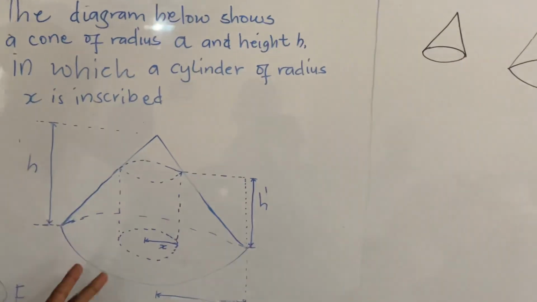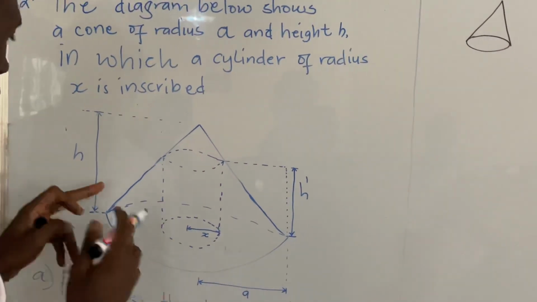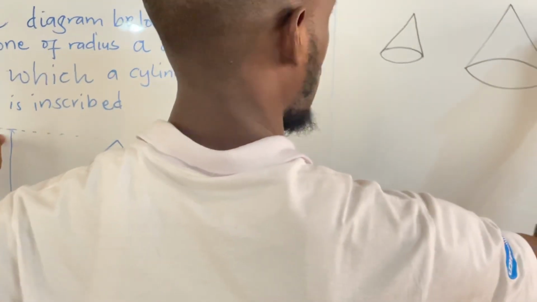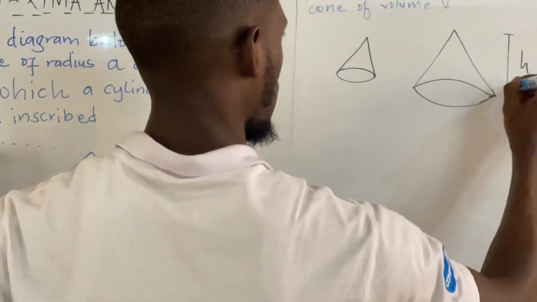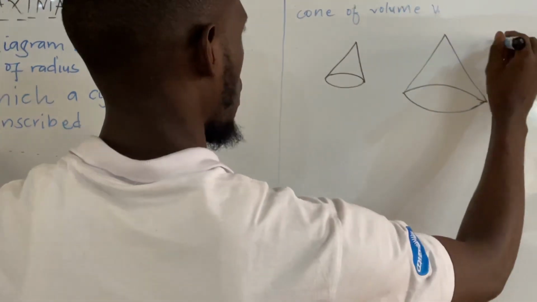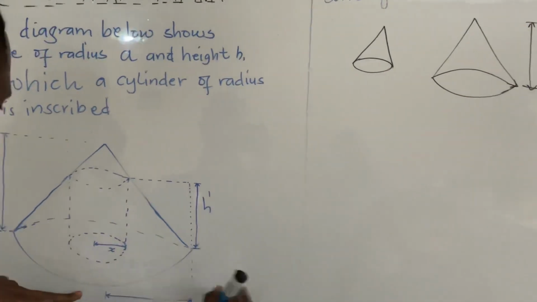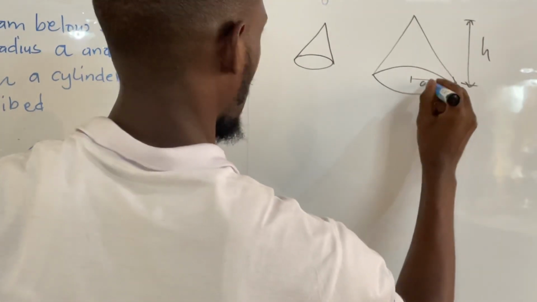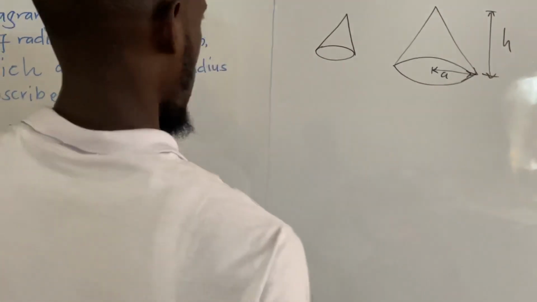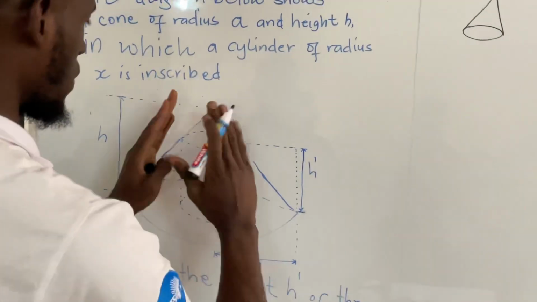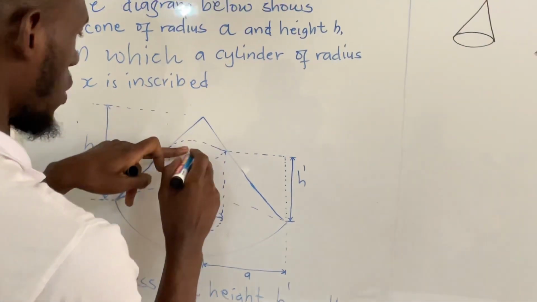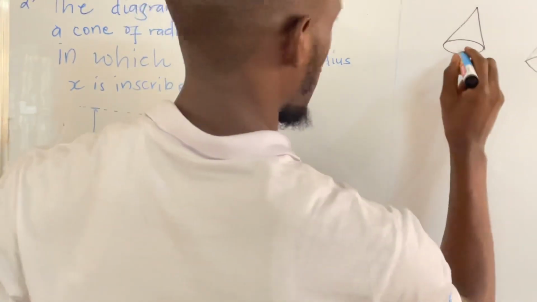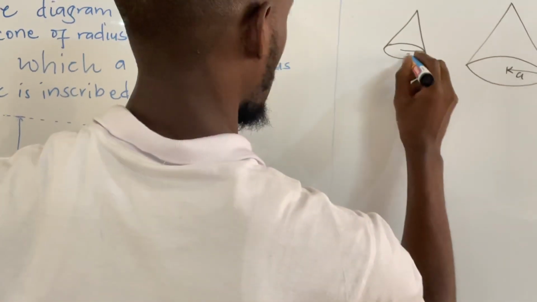Now we are going to put the dimensions before we compare. The height of this bigger cone is h, and its radius is a. Then for the smaller cone, the radius is x, since this is x.